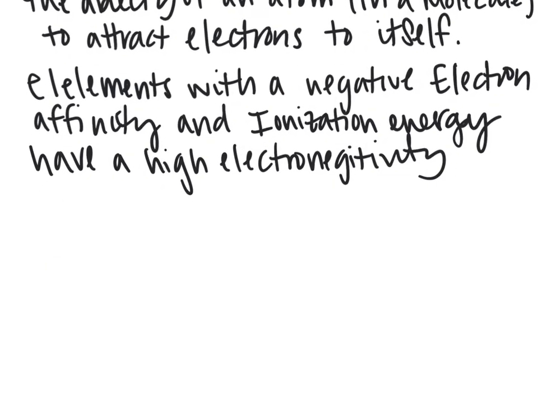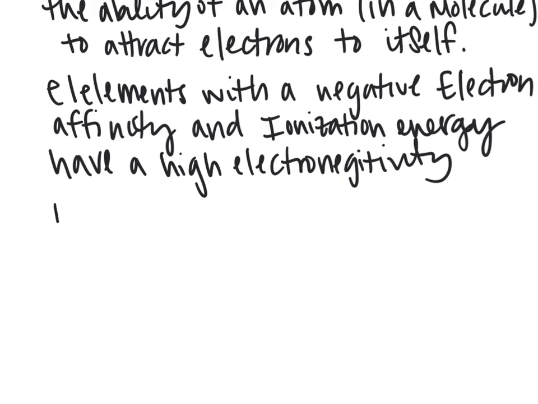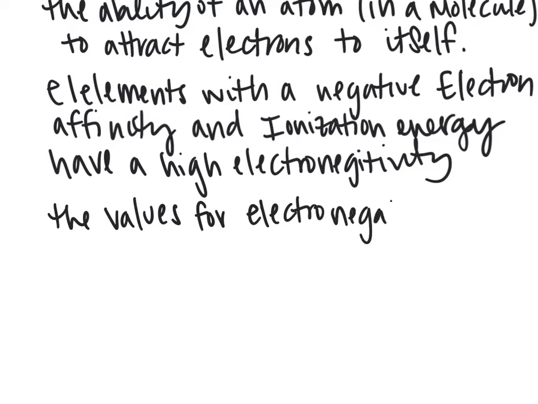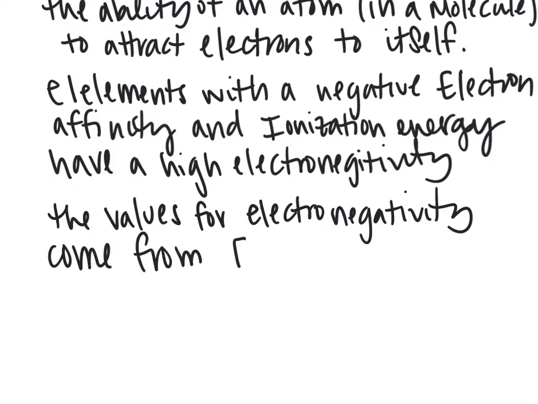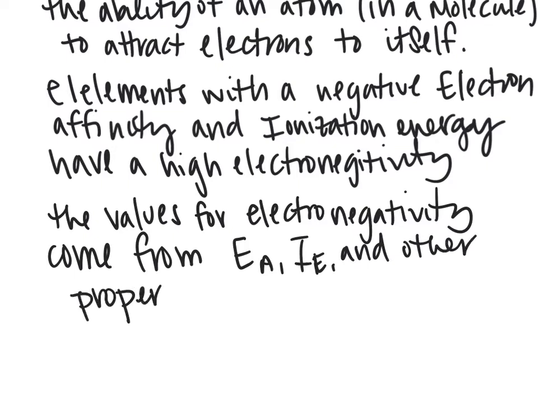The values for electronegativity come from electron affinity, ionization energy, and other properties, such as atomic size.